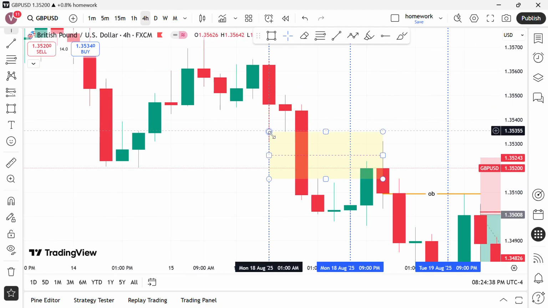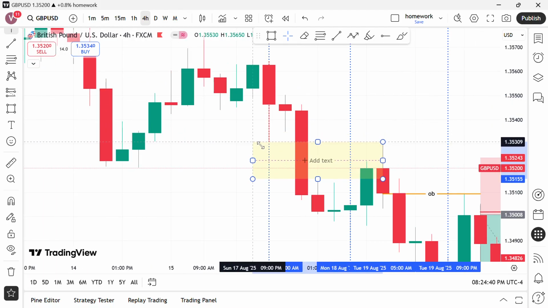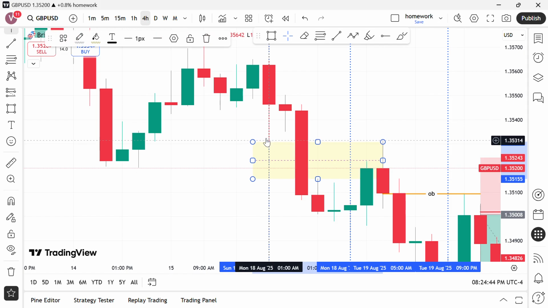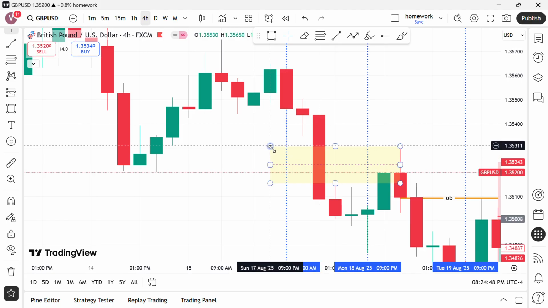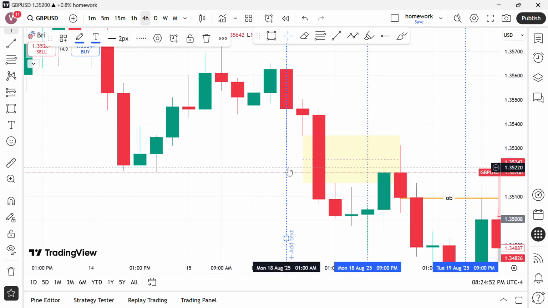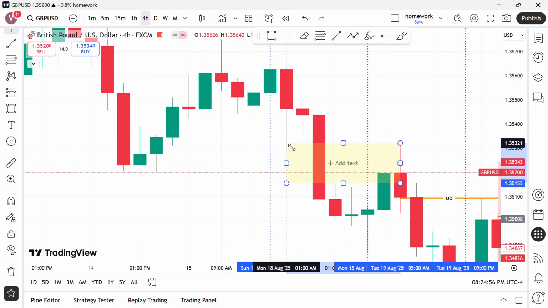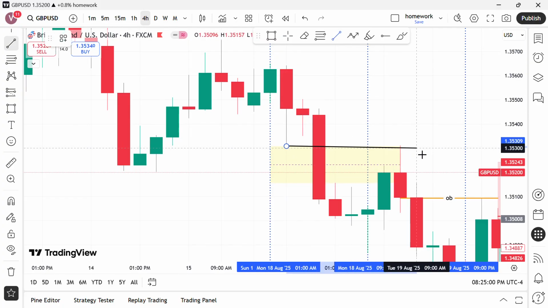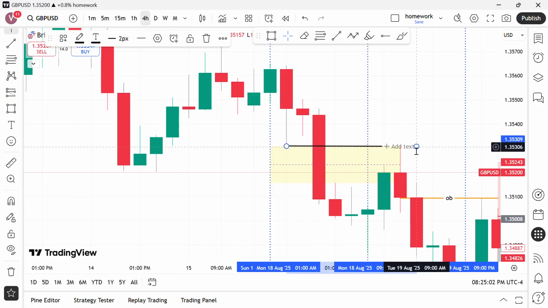I have to draw it from here because this is where this candle starts. It's actually an overlap. So this FVG is pierced by this candle's low. If I remove this, you'll see this candle's low. So that means this is an overlap, which is why we will extend this outward, saying that it's an overlap.